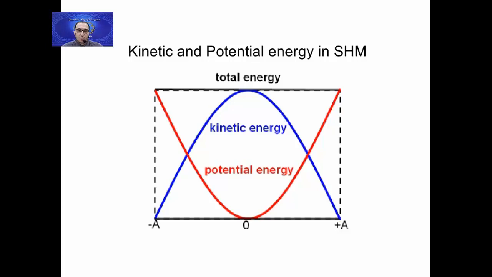So you have to put it in your mind. The relation between the energy and amplitude for kinetic energy looks like the blue graph, and for potential energy, it's the red graph. It's very important to differentiate between these two graphs.